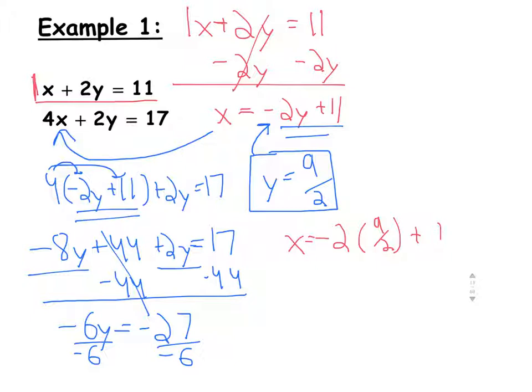That was a really bad one. So negative 2 times 9/2, well, the 2 out front will cancel with the 2 in the denominator. So that would give me negative 9 plus 11, which tells me that x is going to equal 2.